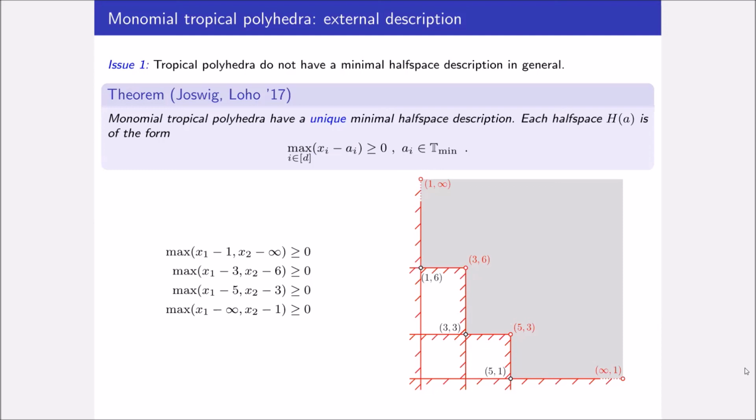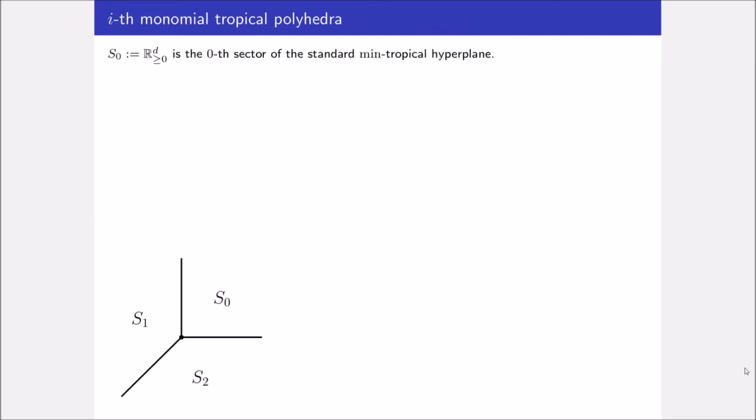So monomial tropical polyhedra always have a unique minimal half-space description, but this is currently only for one class. Can we extend this to all tropical polyhedra? And we can do this via looking at a generalization of monomial tropical polyhedra. I will say it's a generalization that Mikhail and Georg defined.